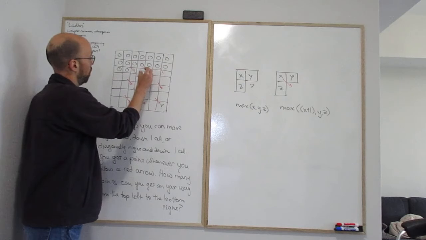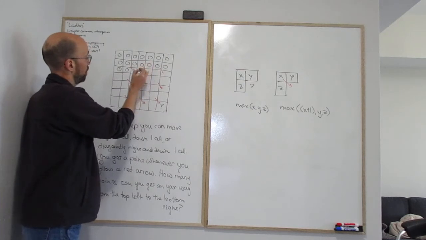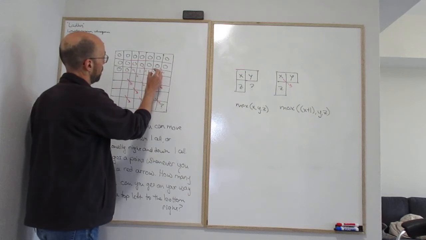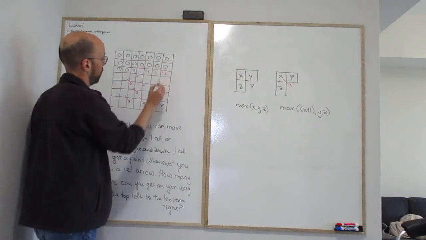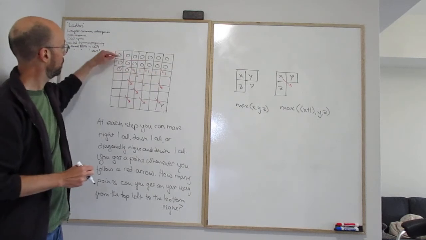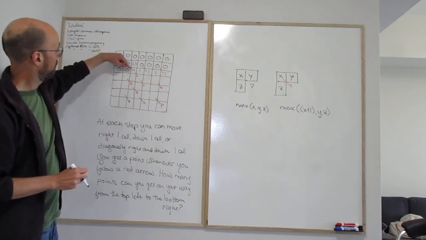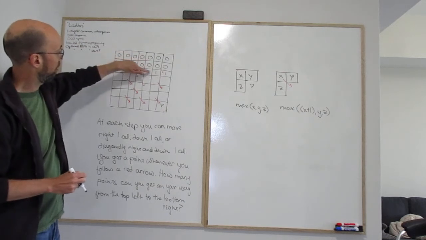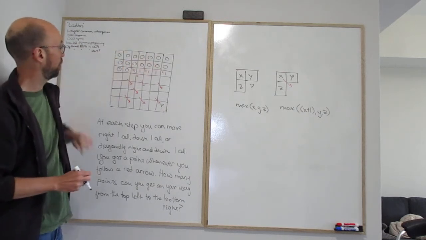This is now a 1. It can be either from here or from here. This is a 1 and this is also a 1, right? Because to get to here with 1 point, you can go down this red arrow and then go across, or go down this red arrow and then go across, or go down this red arrow.